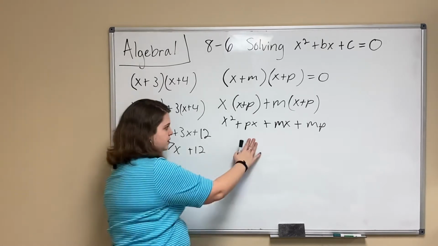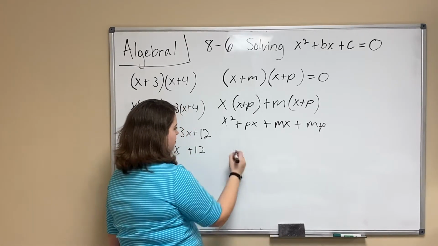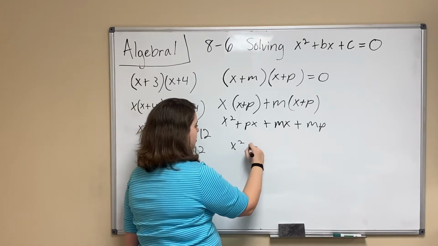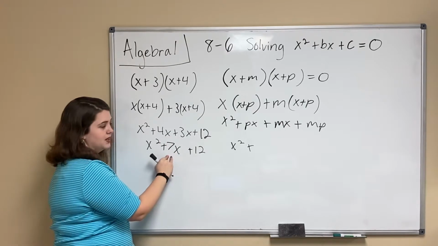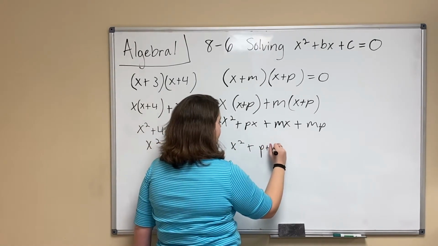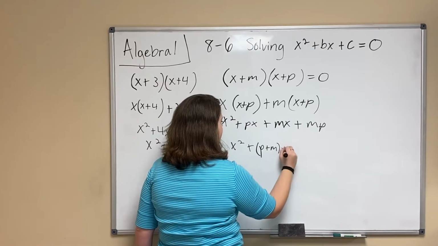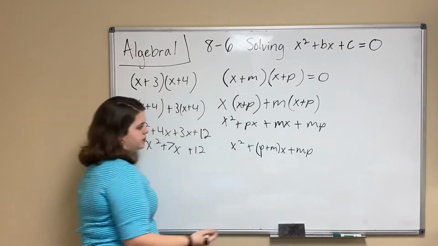Same with this one. We have px and mx, and what's going to happen is I'm going to have x squared plus, now see here 4 plus 3 gave me 7x, so I'm going to do p plus m times x plus mp. I just don't know what p and m are.